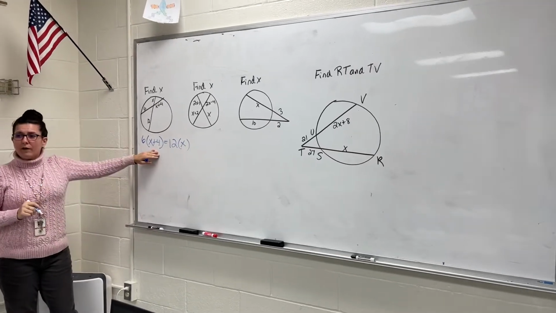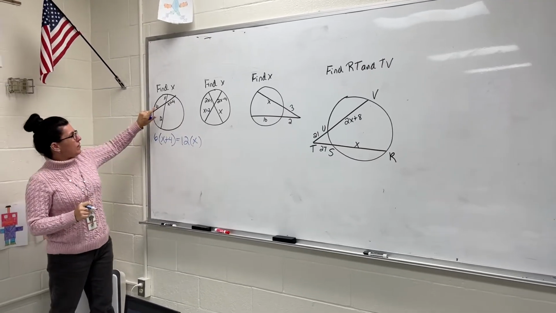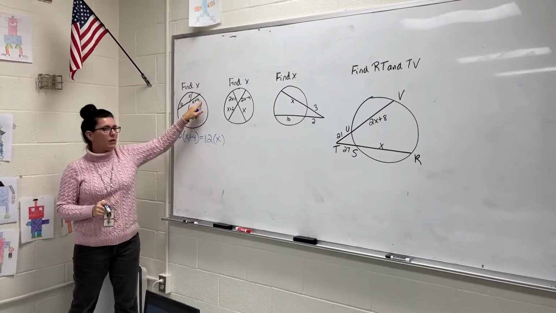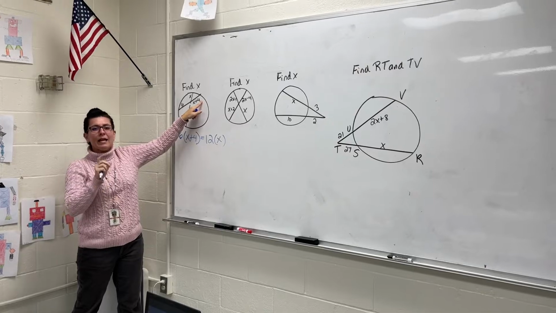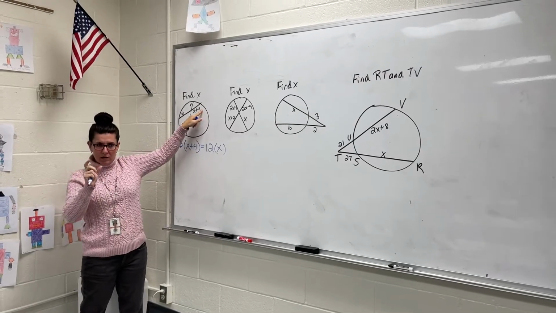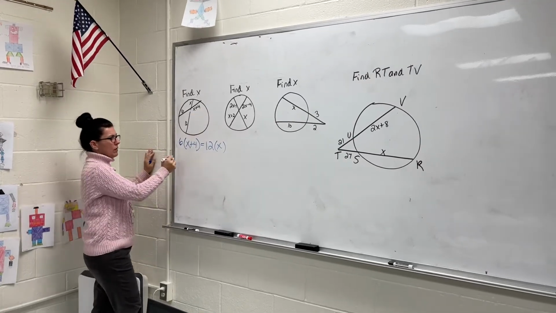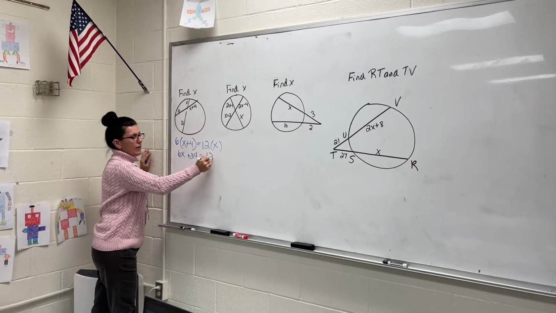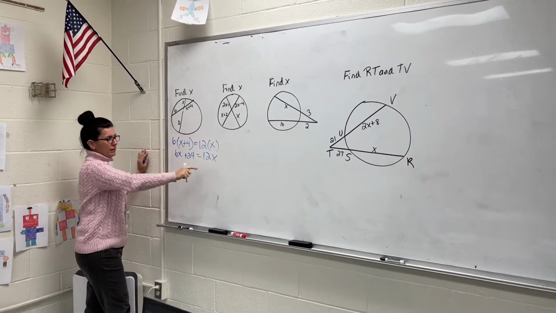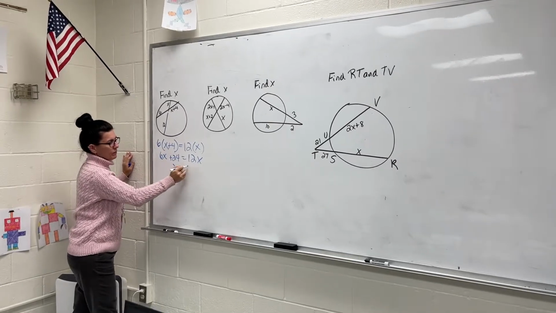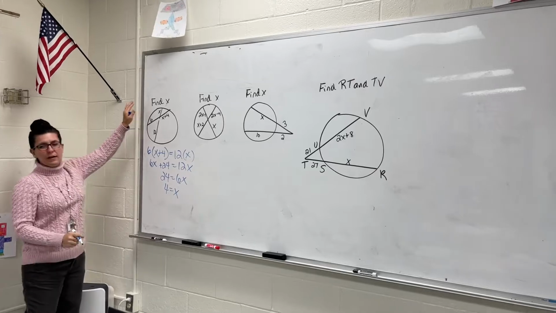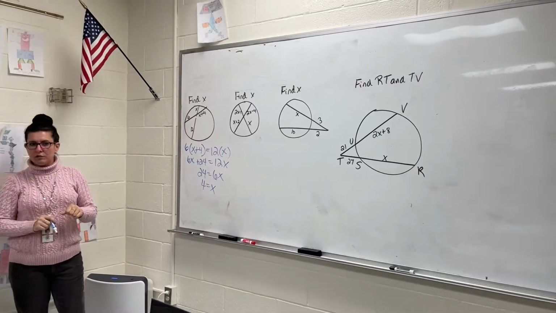These parentheses do have to be there because this segment has a length of x plus 4, so it's not just 6 times x, it's 6 times x plus 4. That's a distributive kind of problem. When we distribute, 6x plus 24 equals 12x. Subtract the 6x, and x is 4. It does ask us to find x. Always be careful that you're answering the question.